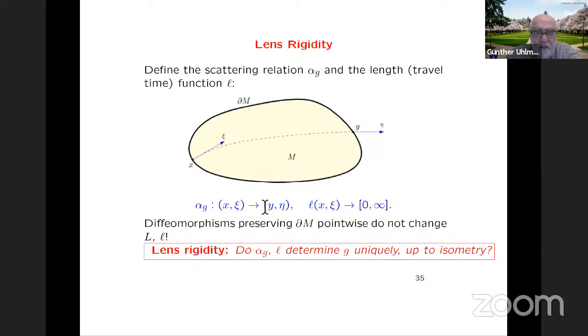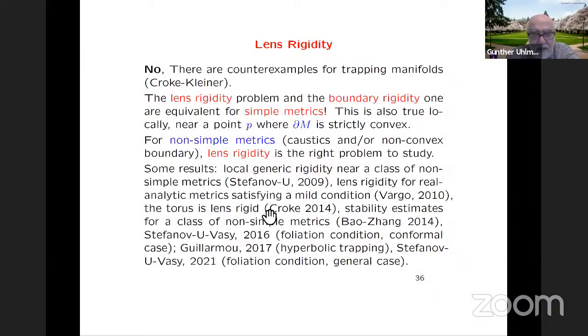So for non-simple metrics, the length rigidity is the right problem to study. There are several results here I mentioned, but I'm going to concentrate on the results that I obtained with Plamen Stefanov and Vashi, which are related to the foliation condition.